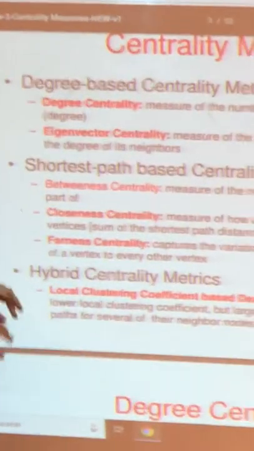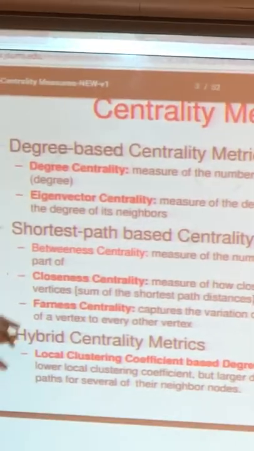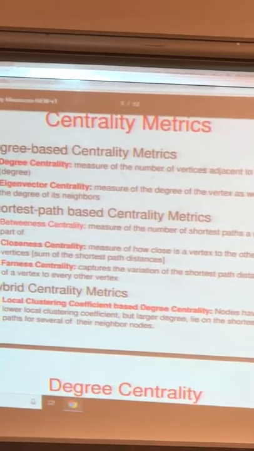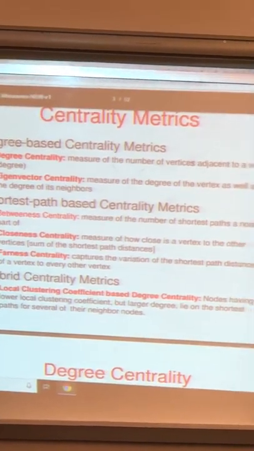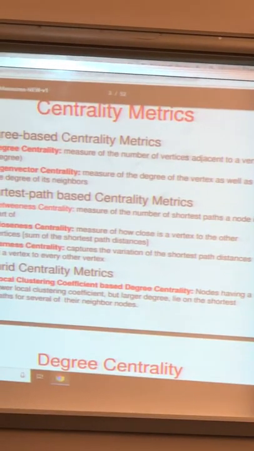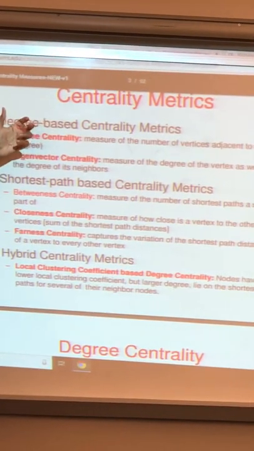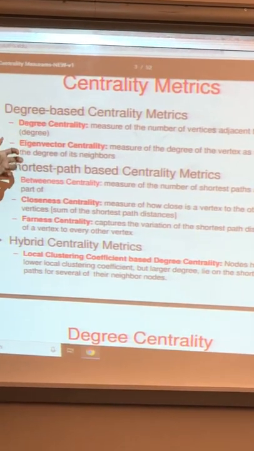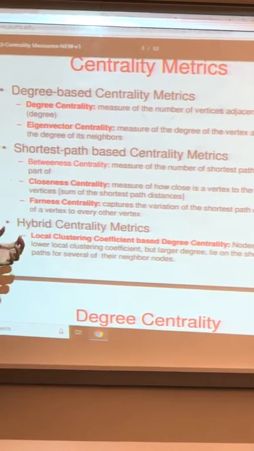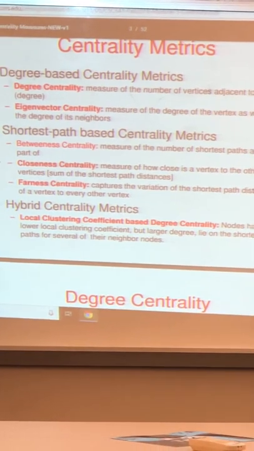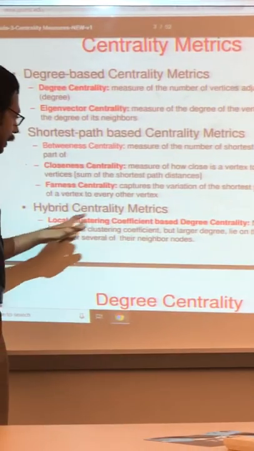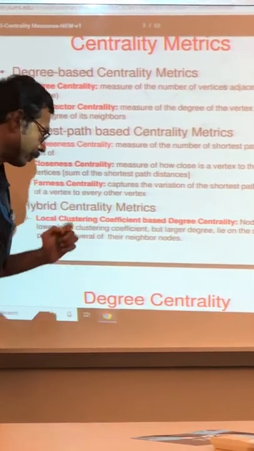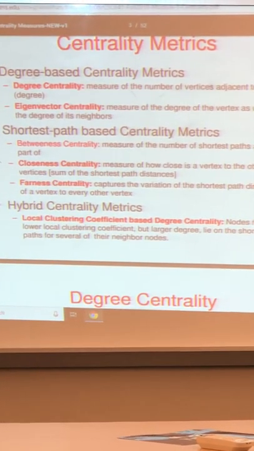Now, we have degree and shortest path based metrics, and there's a hybrid version of those two, which combines the ideas from degree or neighbor based as well as shortest path based. That's why it's called hybrid. And there's one metric based on that, called local clustering coefficient based degree centrality. So let us see each of them in detail.